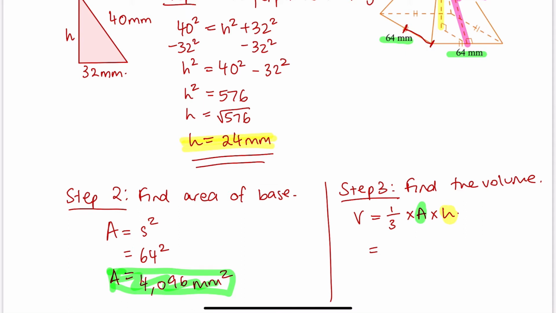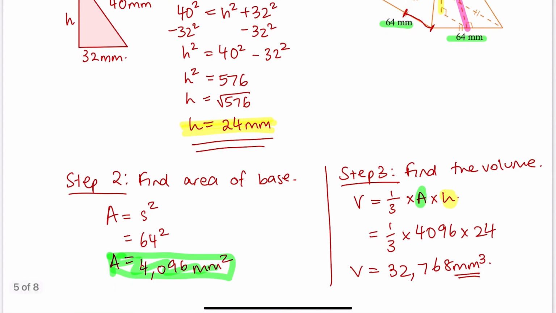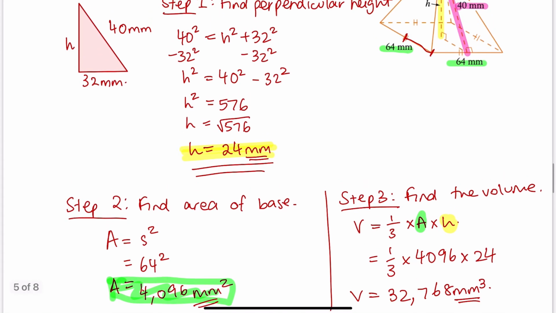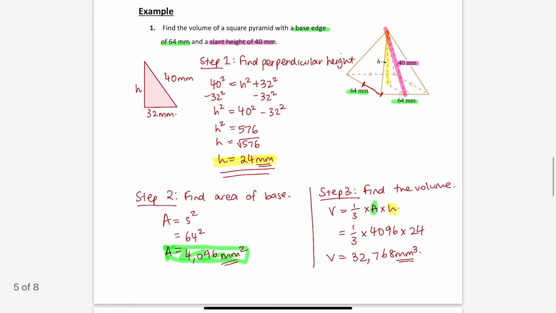So let's replace those. It's going to be 1/3 times 4096 times 24. And what you get is 32,768 millimeters cubed. Don't forget that volume is in millimeters cubed, area is millimeters squared, and height is a length, so it is millimeters only. So that's the final answer for that one.